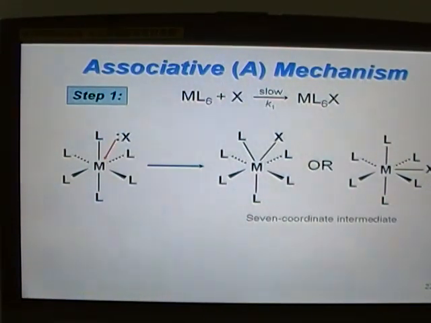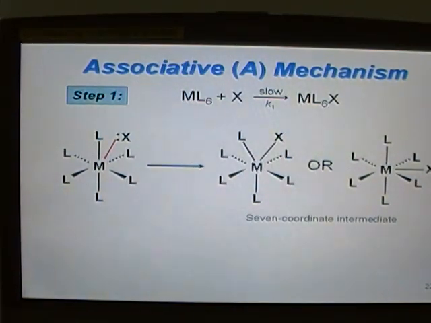Let's look at the associative mechanism. So dissociative means that you basically rip one ligand away, form a 5-coordinate intermediate, and have a new ligand come in. In the associative mechanism, you end up forming a 7-coordinate intermediate through an associative step and then lose the extra ligand.